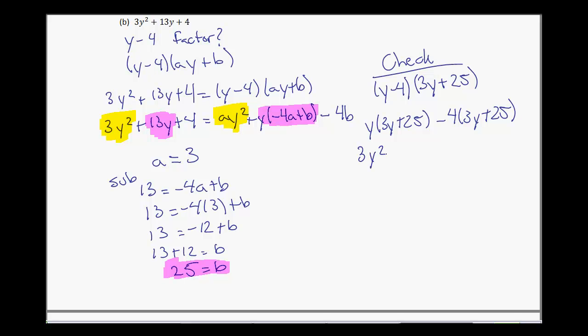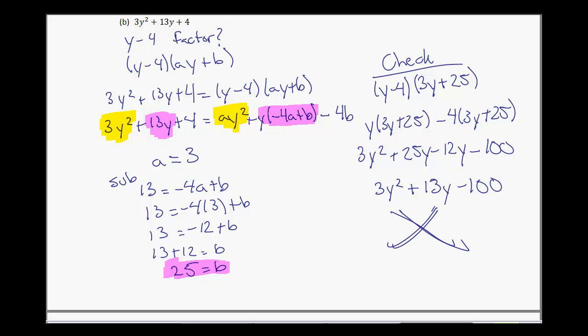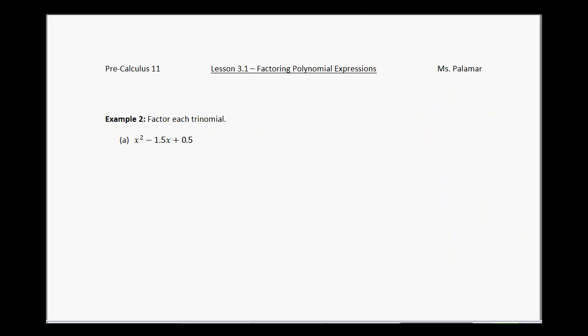We get 3y squared plus 25y minus 12y minus 100. And that becomes 3y squared plus 13y minus 100. And this does not match up here. So we can say that no, y minus 4 is not a factor. Let's see what else we have.